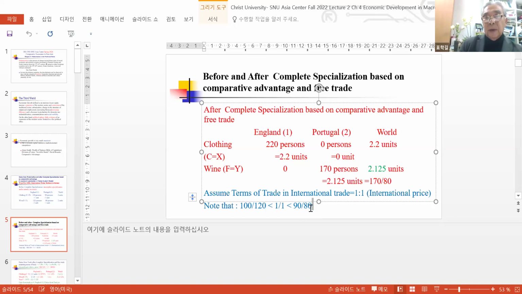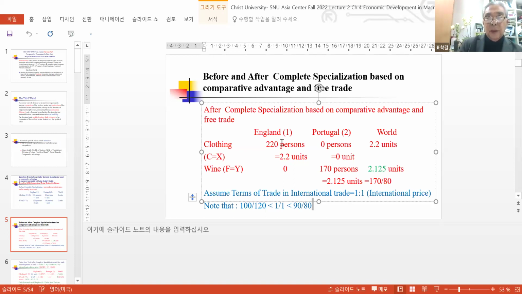Okay, so then we can also ask, how about each country's welfare? In slide 5, England is producing, with 220 persons, 2.2 units of clothing, and Portugal is producing 2.125 units.